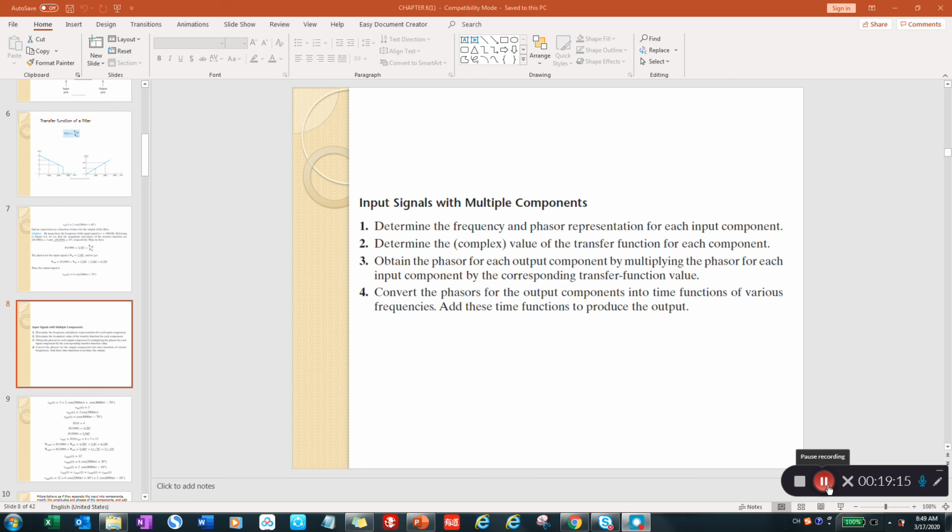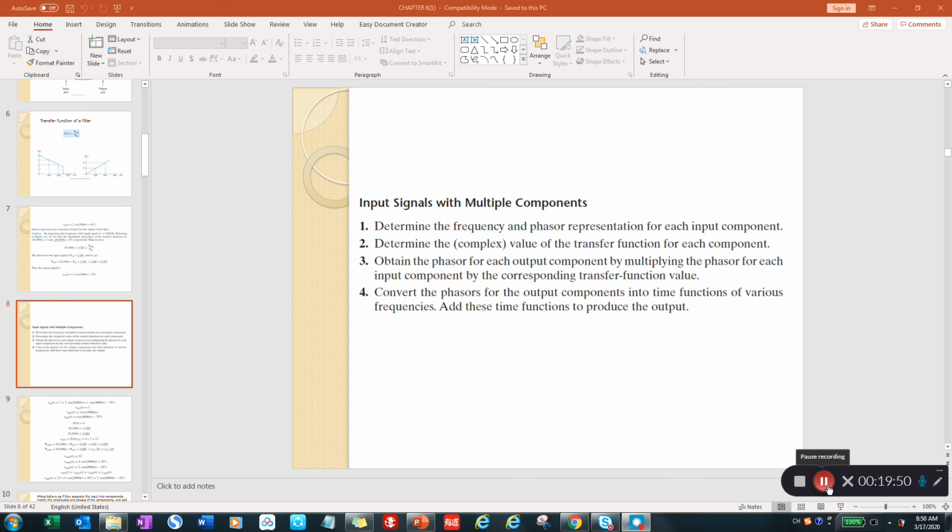Then based on the frequency of each of the components, you can figure out what will be the output component for that frequency. Because we know that the output equals the input multiplied by the transfer function. So if you figure out for each of the frequency what will be the transfer function, you can figure out what will be the output of that frequency component.